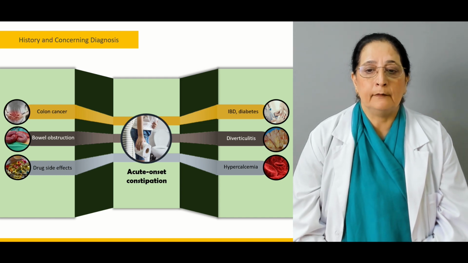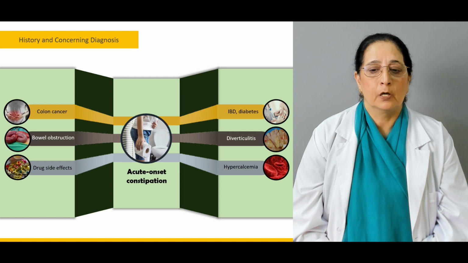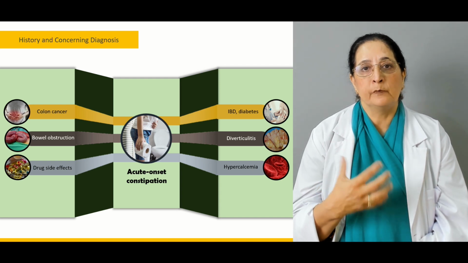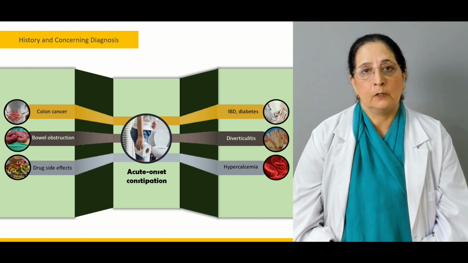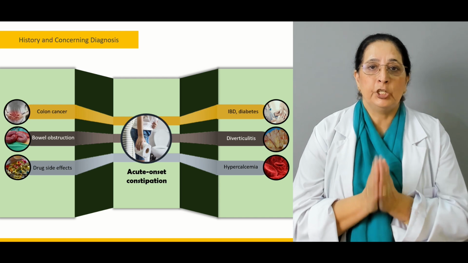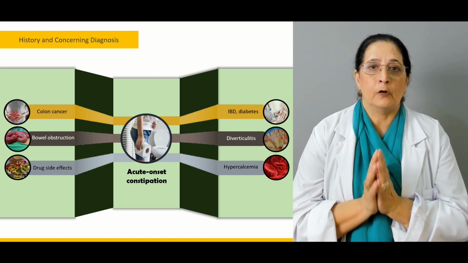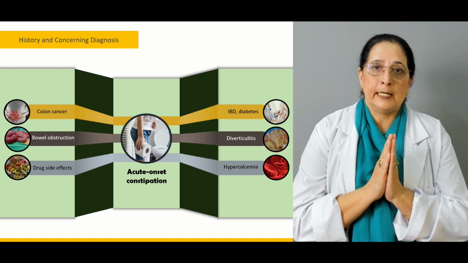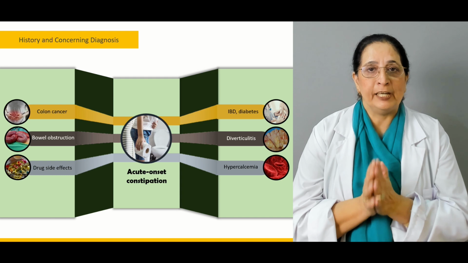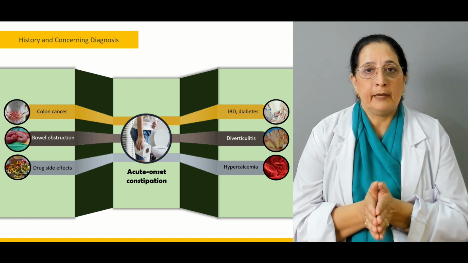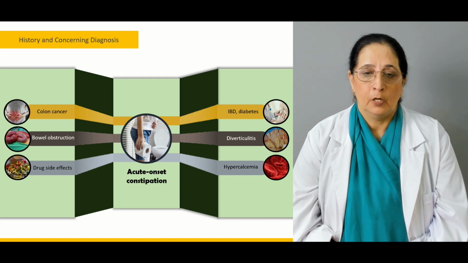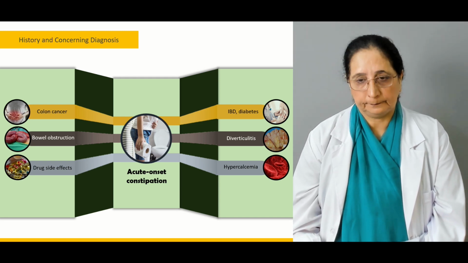Increased calcium level also causes acute constipation. It affects the functioning of the smooth muscles and it causes constipation. So all these are different conditions that cause acute onset of constipation, which is less than 3 bowel movements per week, straining, incomplete evacuation.